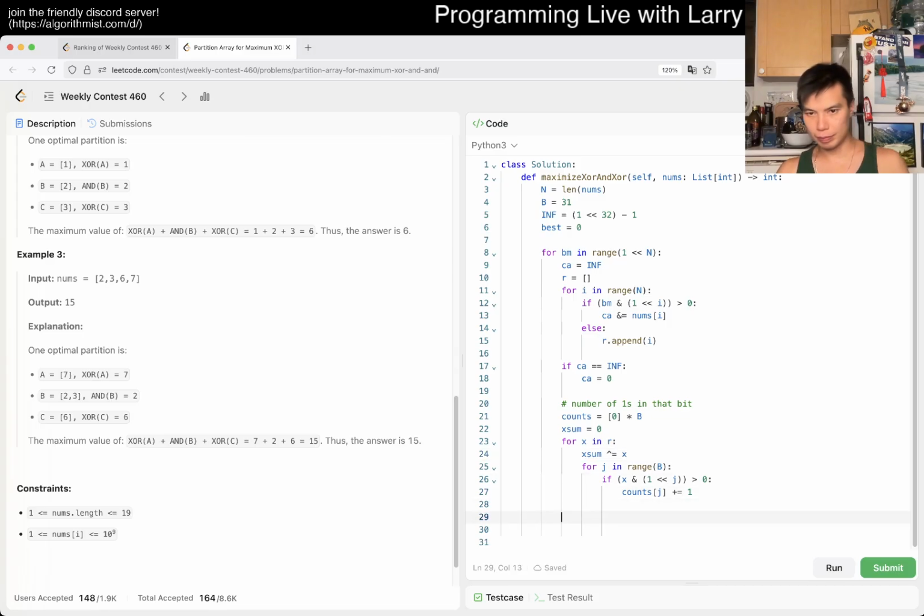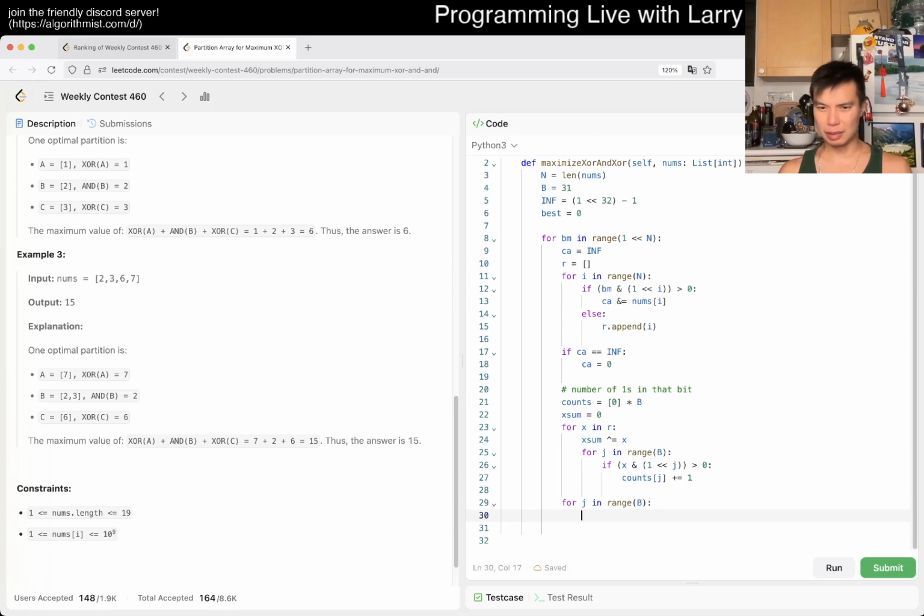And now okay, so then now it's case analysis maybe. So if this is greater than 0, that means we have.